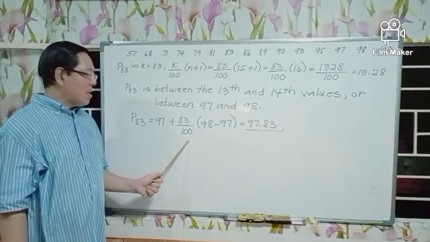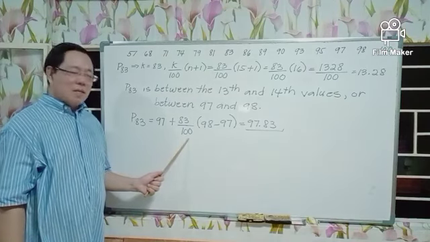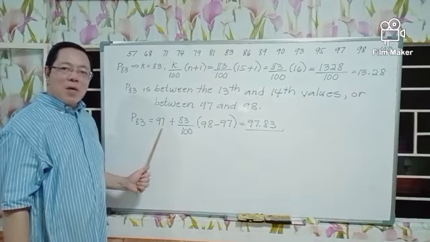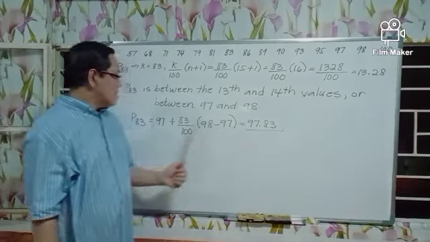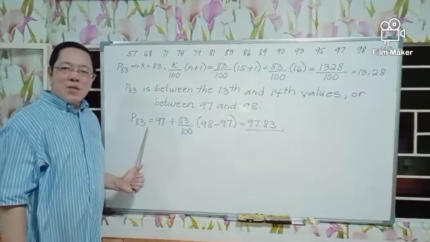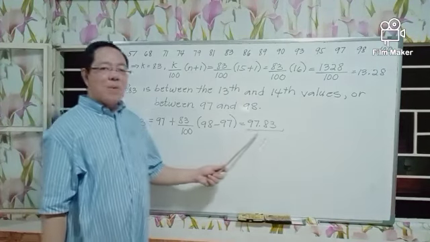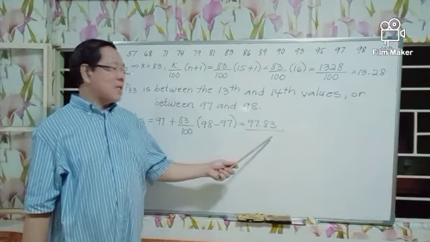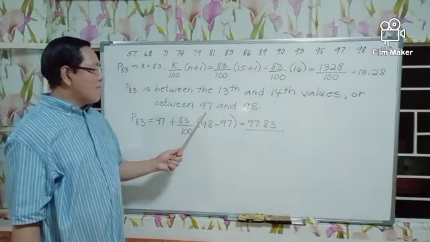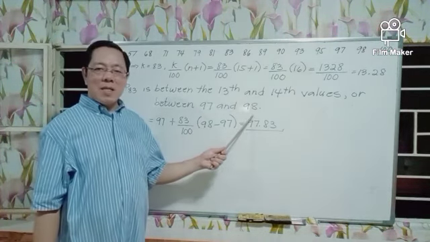Divide by 100 is 0.83. And 97 plus 0.83 is 97.83. Thus, the value of the 83rd percentile is 97.83, and 97.83 is between 97 and 98.